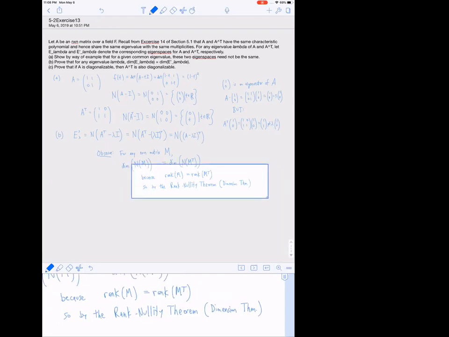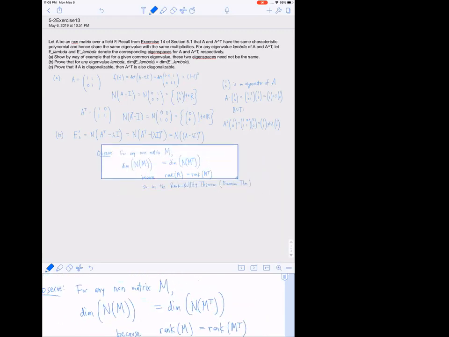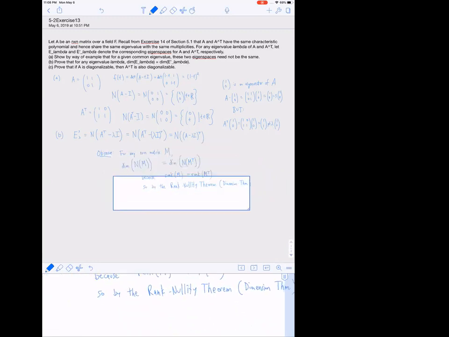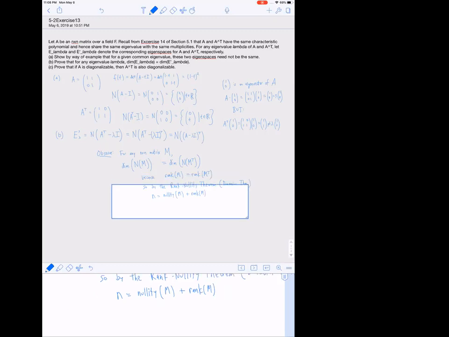Well, if the ranks are the same and they're both n by n matrices, then n is supposed to equal the nullity of M plus the rank of M, but it's also supposed to equal the nullity of M transpose plus the rank of M transpose.